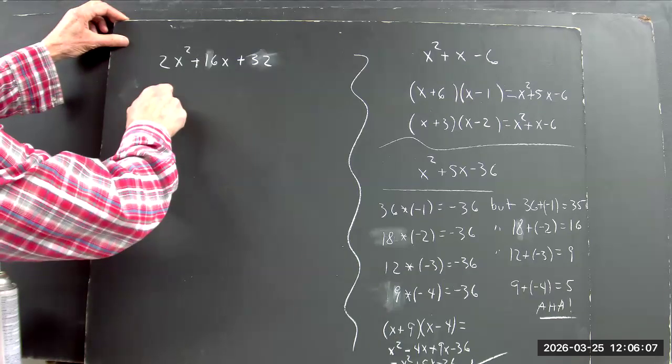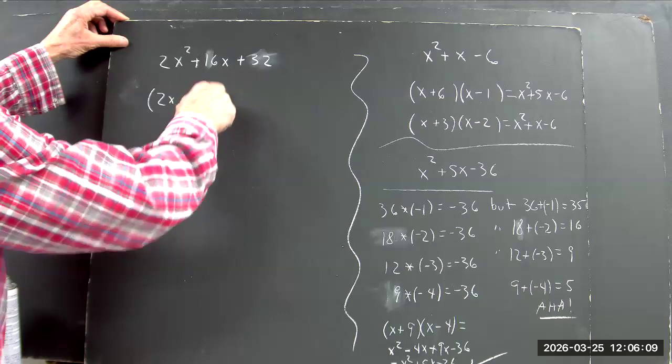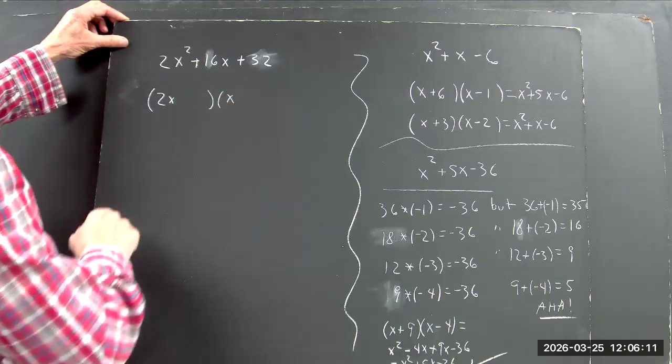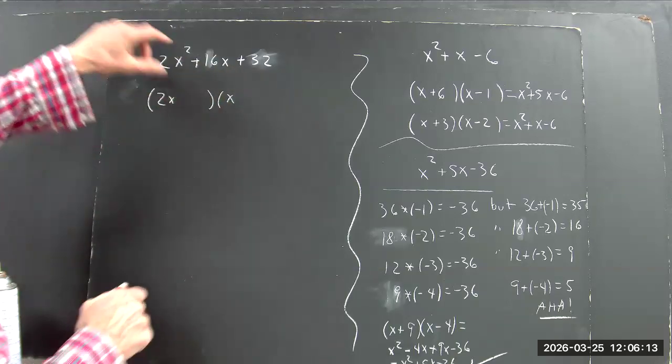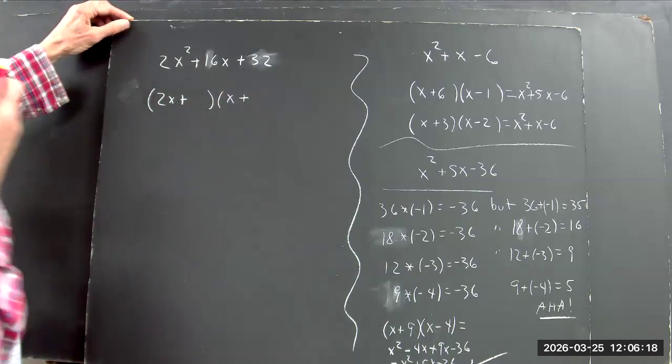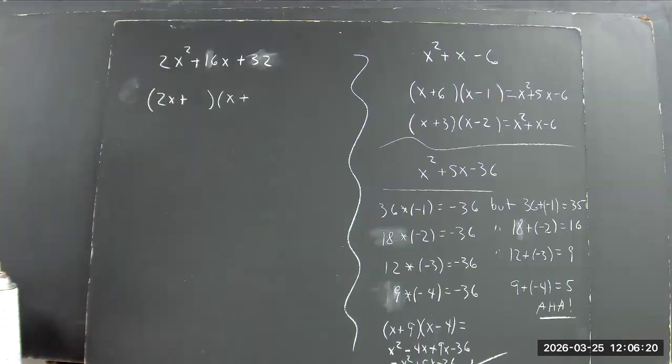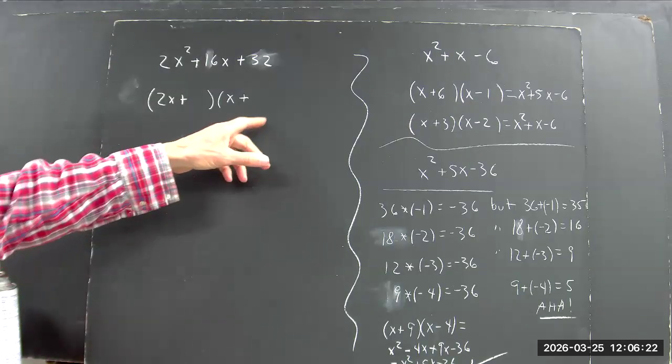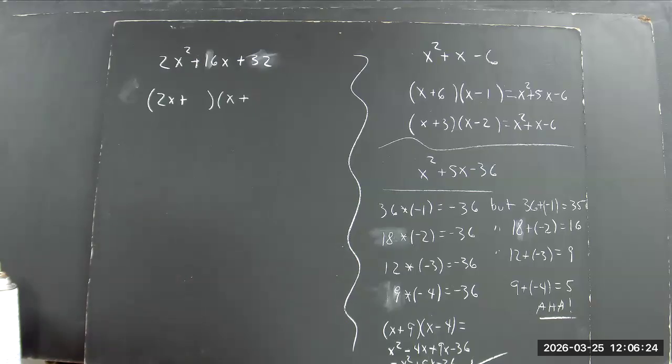Now, what are you going to do about that? Well, systematically, you put a 2x here and an x here. Everything's plus up here, so you know we're going to be doing a plus and a plus. So we can check out, again, numbers that multiply out to 32, right?